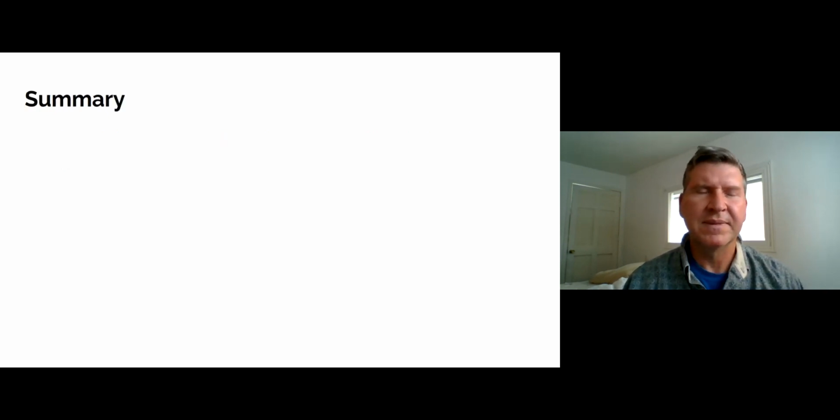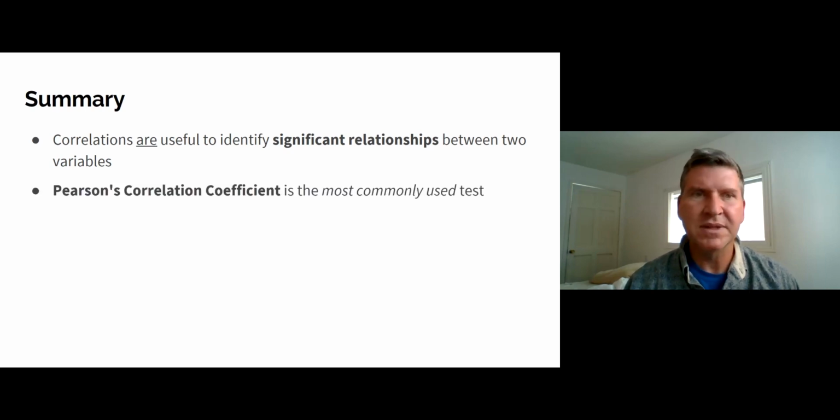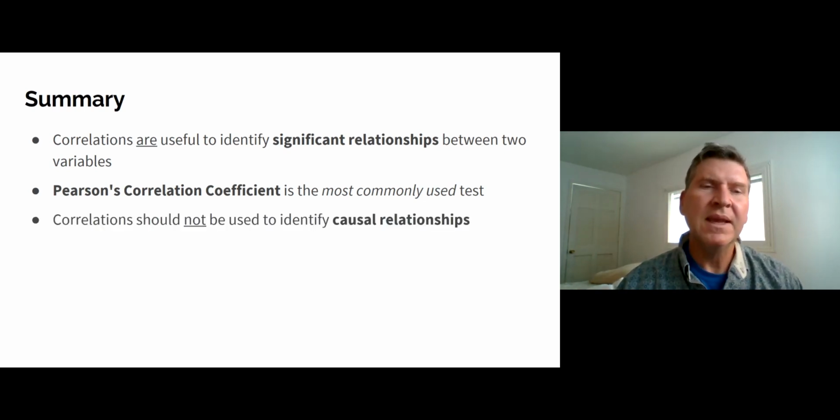So to summarize, correlations are useful to identify significant relationships between two variables. We use Pearson's correlation coefficient as the most commonly used test, especially with interval-based data. These are numbers that we would have when we do the studies that were mentioned. Correlation should not be used to look at causal relationships.